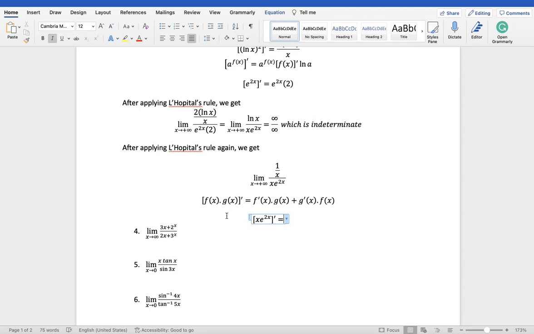Would it be 3e exponent to x? Sorry, 3. Where does the 3 come from? Just attempt it. Use this formula here. The formula is telling you when you have the product of two functions, you take the derivative of the first one, the derivative of x multiplied by e to the 2x, plus the derivative of e to the 2x multiplied by x. That's the product rule. So just apply that and tell me what you get.